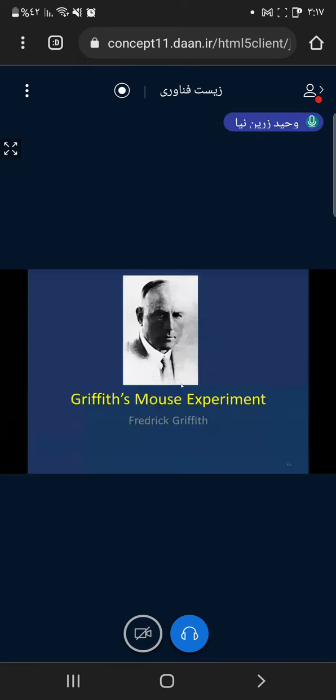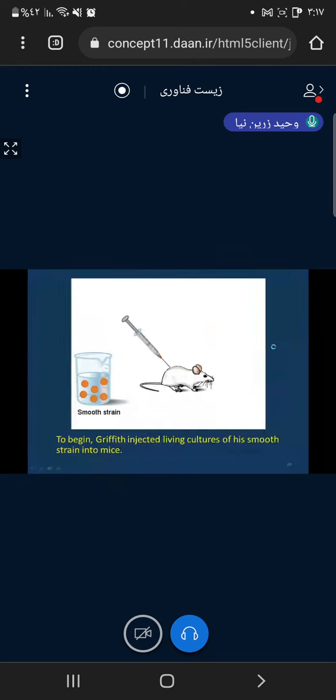Griffith's mouse experiment showed that there is a genetic material that helps bacteria transform from one shape to another, from S shape to R shape, in the bacterial suspension.